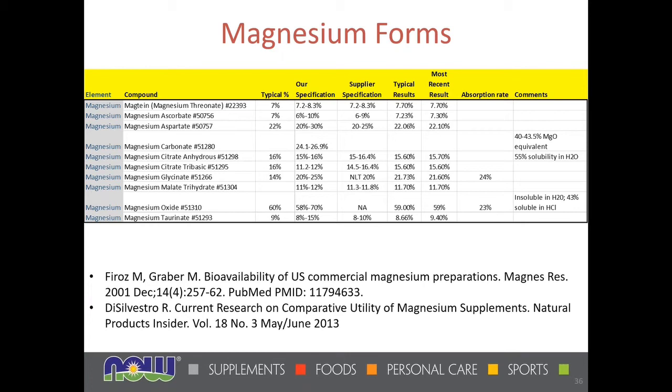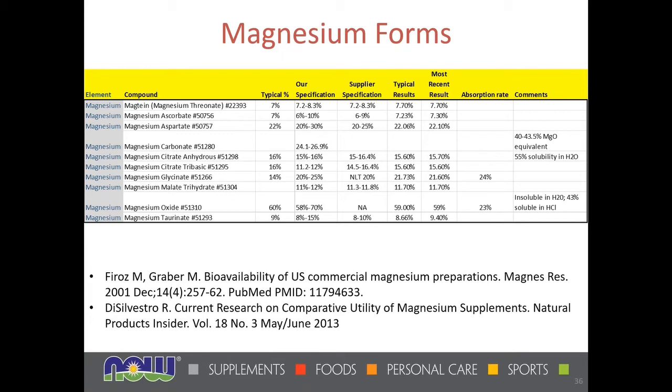And you can see the specification, which is the amount of elemental magnesium in a compound, how much of a compound, for example, magnesium ascorbate, is magnesium, and how much of that compound is vitamin C, ascorbate. And as we see, about 7% of magnesium ascorbate is magnesium, and it's about 93% vitamin C.